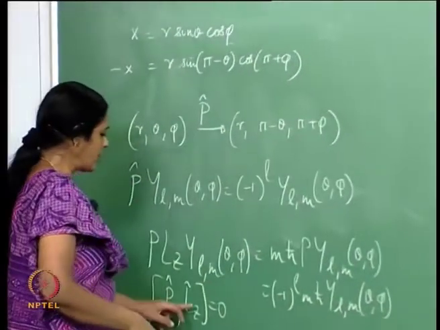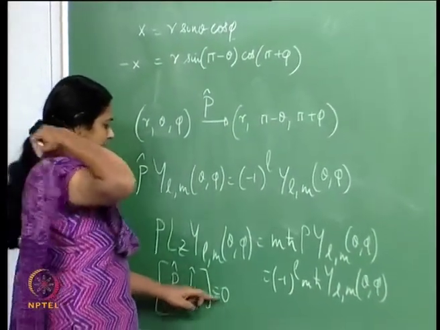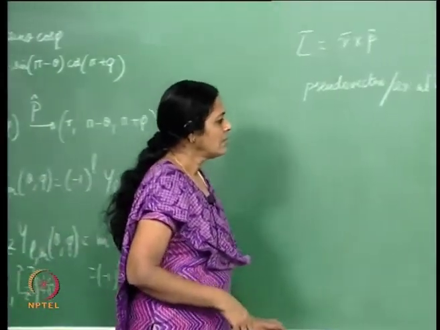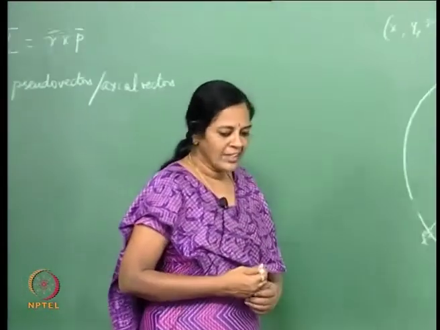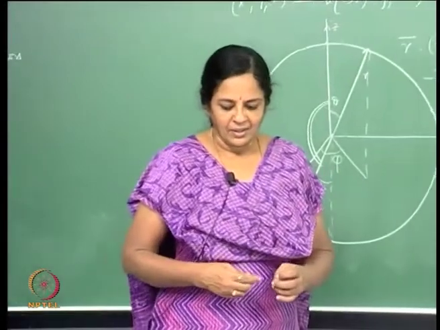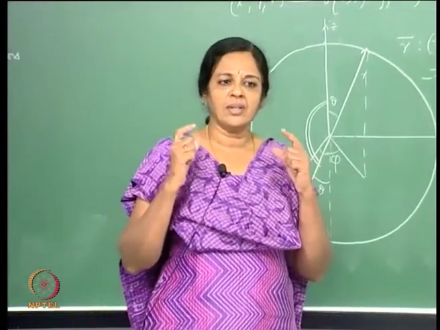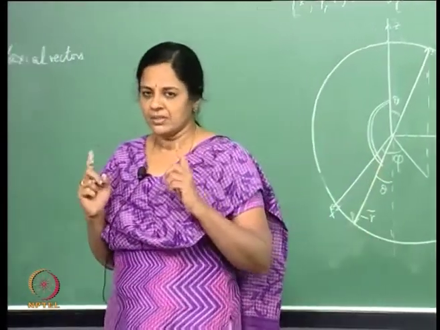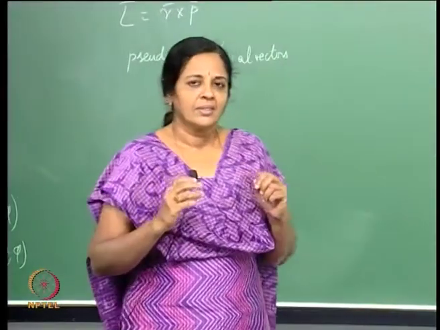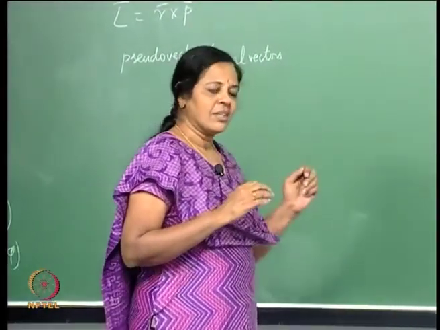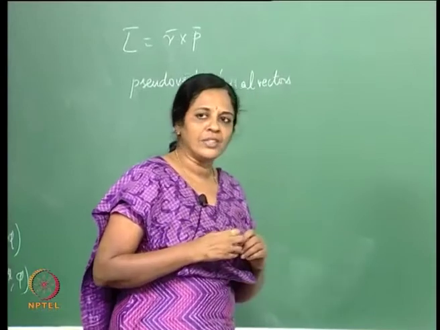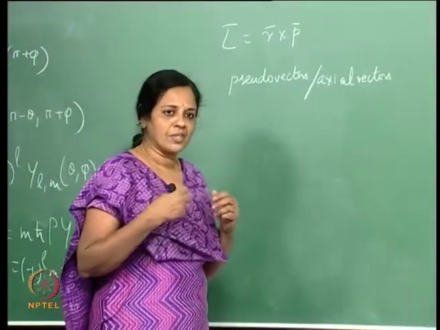And it is that you see here, P commutes with Lz. So much for Y_lm of theta, phi. What we need to remember is the following: in a problem like this, since L squared and Lz commute with each other, there are two quantum numbers m and l.